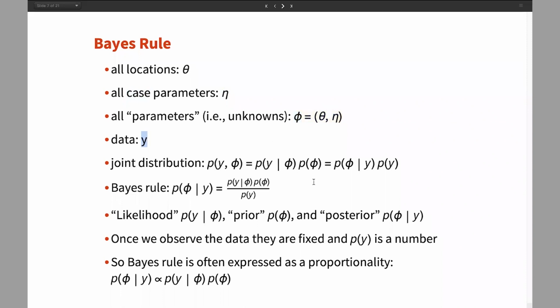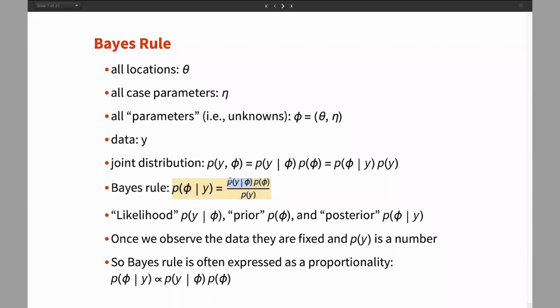And then we have a joint distribution between the data and the unknowns. And that joint distribution can be factored 2 ways, into conditional and marginal. And then if we solve those two different factorizations, we get Bayes' rule, which says that the distribution of our unknowns given the data, which is what we observe, is the expression on the right-hand side. And these different parts have standard names.